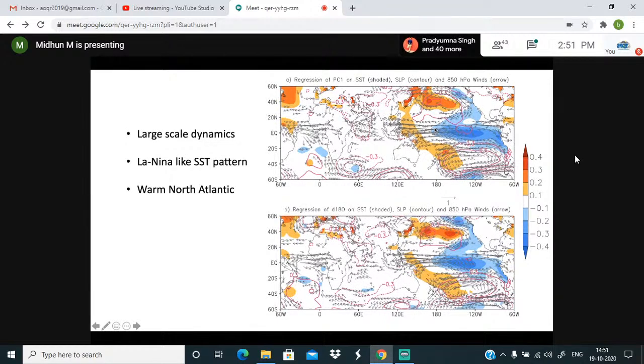So this pressure difference causes a wind anomaly from high to low.